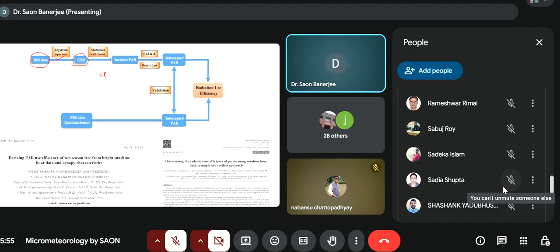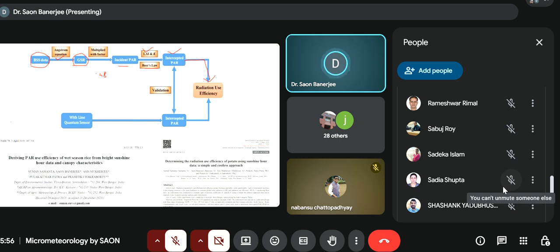So if the GSR is, for example, 20 megajoule per meter square per day, then 20 into 0.48 will give you the incident power. Then you take the LAI and K value from the secondary data set from the referred literature. You utilize Beer's law, you will get the intercepted power. And you validate, and that intercepted power you can utilize for the radiation use efficiency.